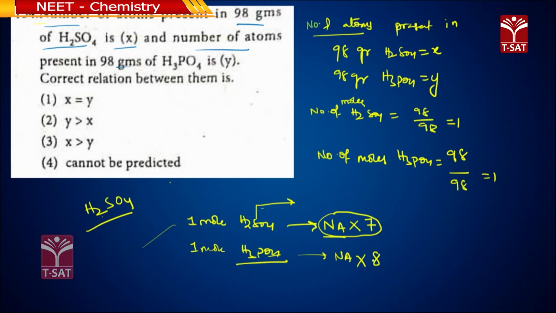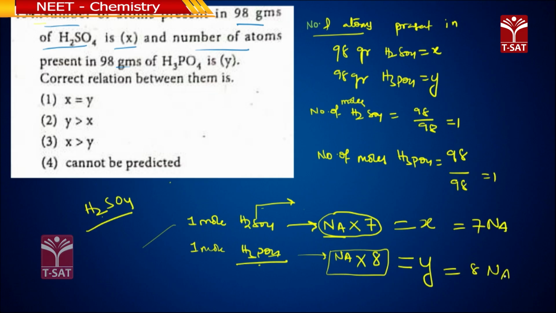So 1 molecule of H3PO4 is having 8 atoms. So Avogadro number of molecules means 8 into Na. So this is H2SO4 is X and H3PO4 is Y. How many atoms of X you have? 7 into Avogadro number of atoms of X and 8 into Avogadro number of atoms Y.